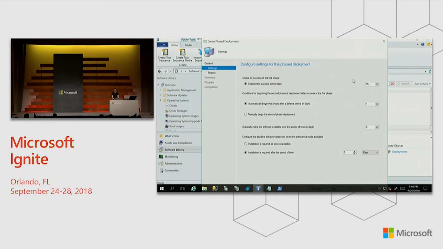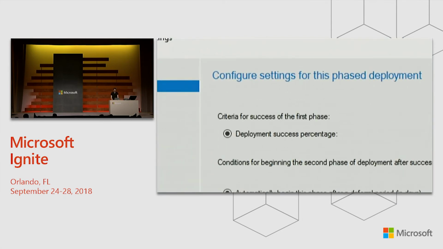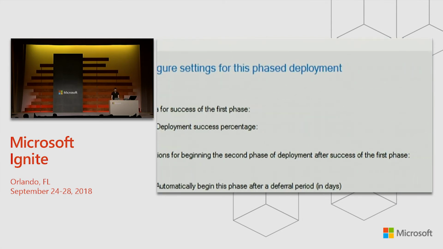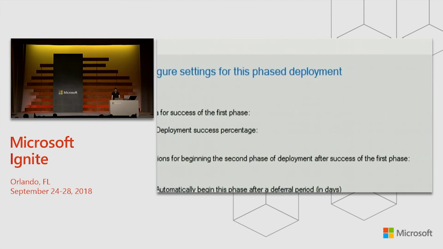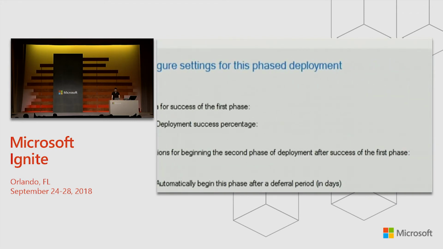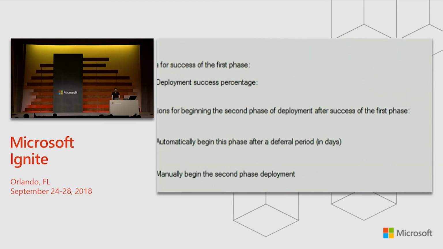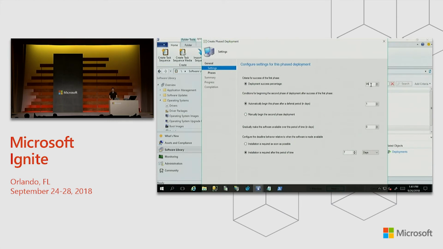And you can see here that it asks me to specify my deployment success percentage. Just zoom back out. Zoom in, not working. So you can see that I can specify 95% as my success criteria. Maybe I'm slightly less stringent, so I can change that to 90%.